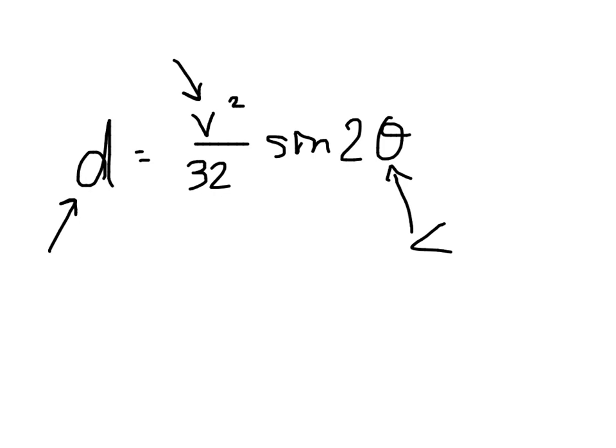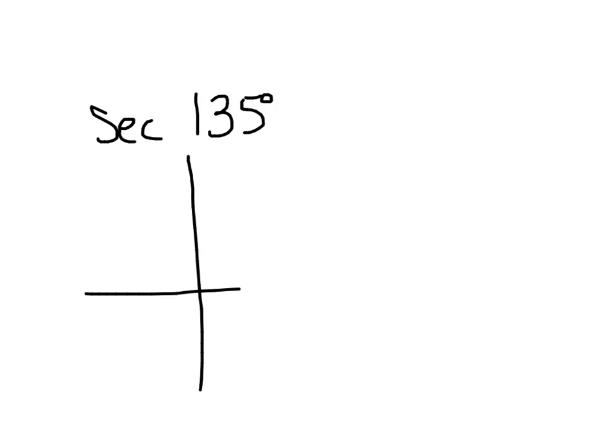So again, looking at your assignment, the first half of it is going to say sketch the angle and find the reference angle, which is what we did in the first 4. And then the second ones are going to say evaluate the function without using a calculator. So again, just one more of those: the secant of 135. First of all, a 135 degree angle is right here. Reference angle for that, 180 minus 135 is 45.